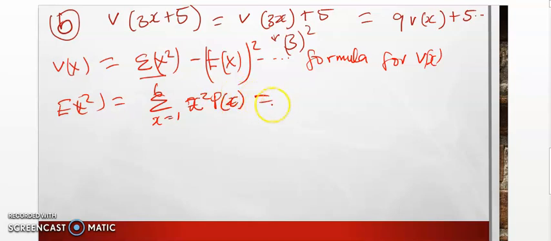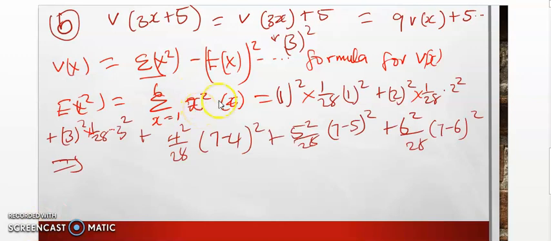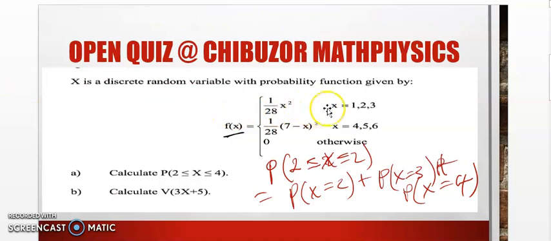So now we go ahead to evaluate that. This is what we are going to have: 1 squared multiplied by 1 over 28, plus 2 squared multiplied by 1 over 28. We are simply applying this formula as it is, then 3 squared multiplied by 1 over 28.